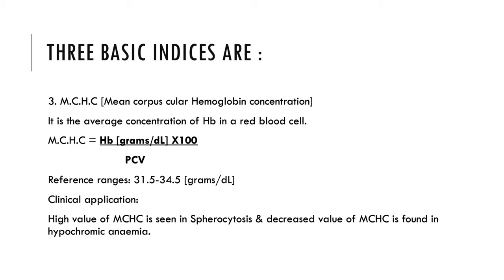But you have to note in your copy that the number 4 index is RDW, red cell distribution width. That means the average size of RBC in that specific person.